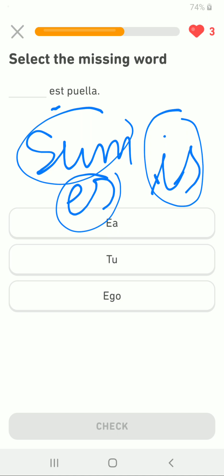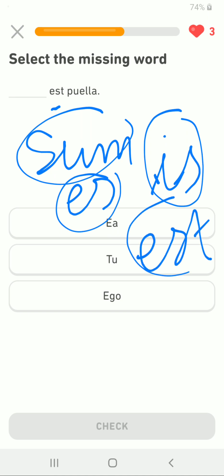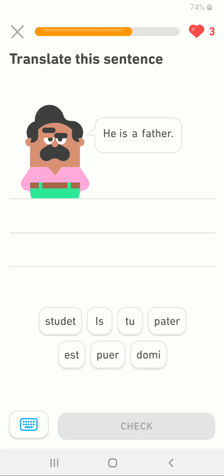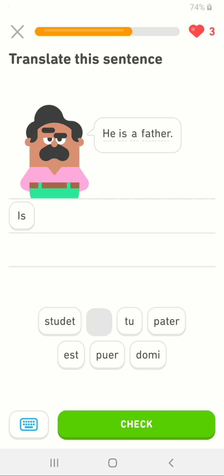So ego sum, tu es, and is est, or she est. So here it's going to be she, which is she. He is, so is pater est.